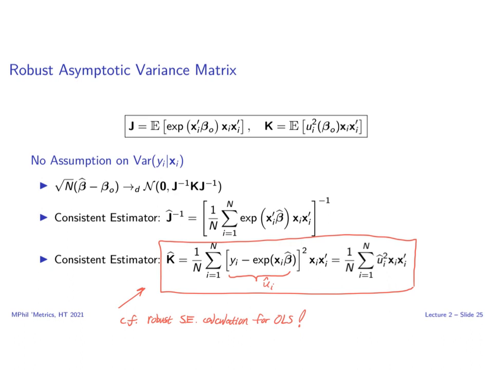Because remember, in the quasi-Poisson case, all we needed to do was get an estimator of sigma squared, that's a scalar, and then an estimator of j. Whereas here, for the robust asymptotic variance matrix, we need to estimate these two matrices, j and k.